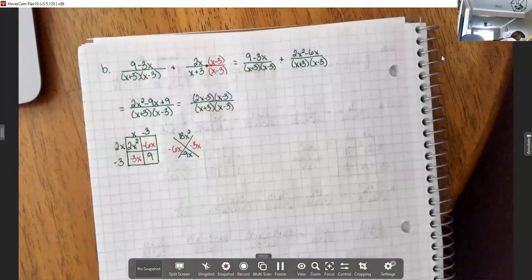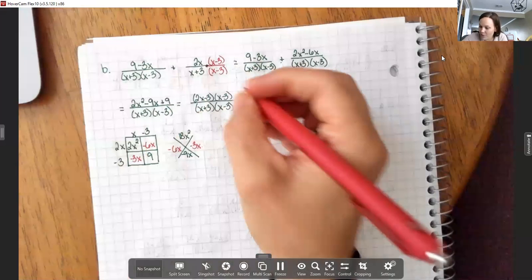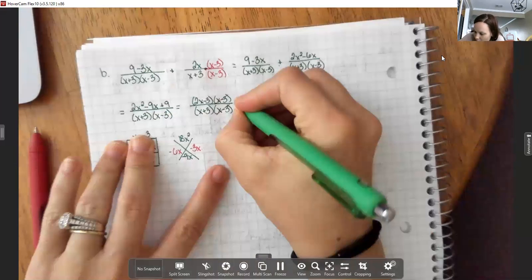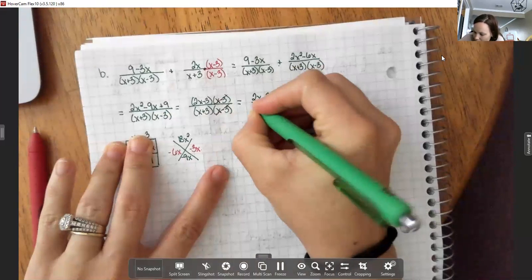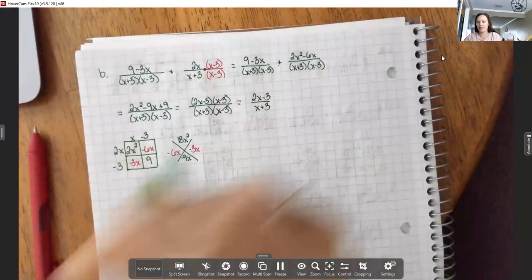My x minus 3's simplify, they divide out to be a big 1. So I get 2x minus 3, or sorry, divided by x plus 3.